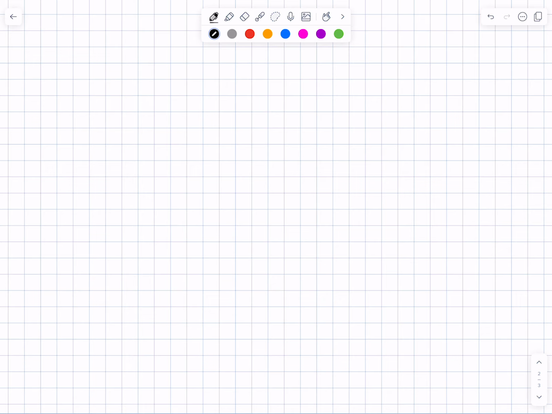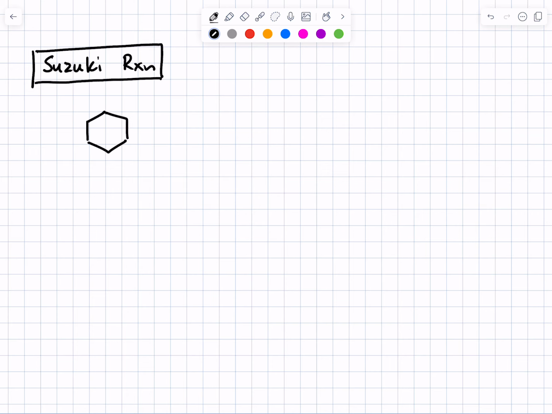So the reaction we're going to talk about now is named after a Japanese scientist, Professor Suzuki, and this along with another reaction we'll talk about today or next time is a Nobel Prize winning reaction. Like the cuprate coupling reaction, one of the starting materials is what we're going to call an aryl halide.